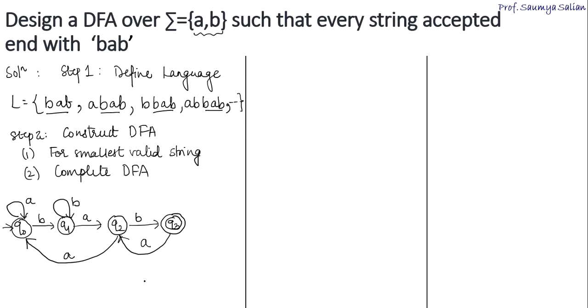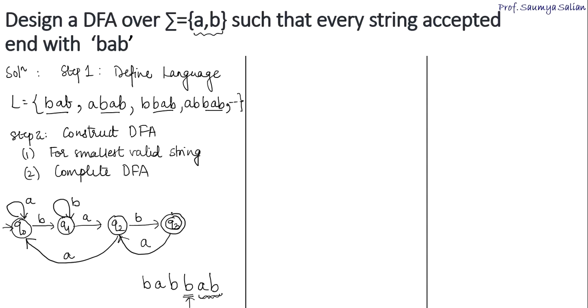To reach Q3, I have inputs B, A, B. If I get a B, it is an invalid string, so the transition of B cannot be present at Q3. But how can I make this string valid? I can make this string valid if I encounter A and B. So I should be placing the transition of input B in such a way that if I come across A and B after that, I should reach the final state.